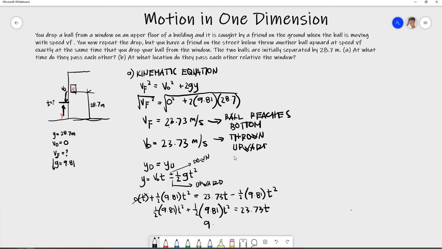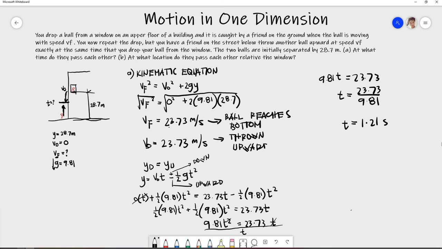One-half plus one-half, therefore 9.81 t squared is equal to 23.73 t. If you divide both sides by t, one t cancels out, therefore 9.81 t is equal to 23.73. Then t is equal to 23.73 divided by 9.81, therefore t is equal to 1.21 seconds. That is for letter A.